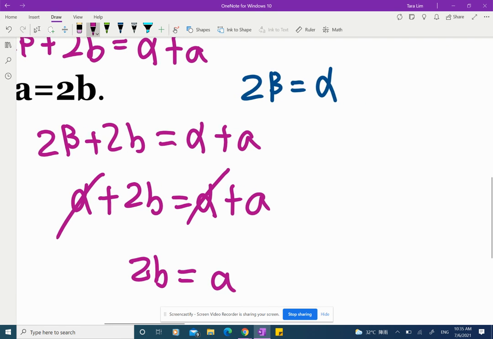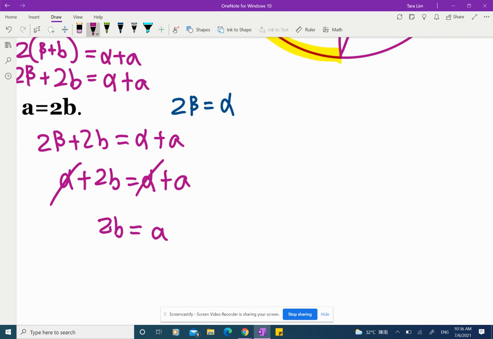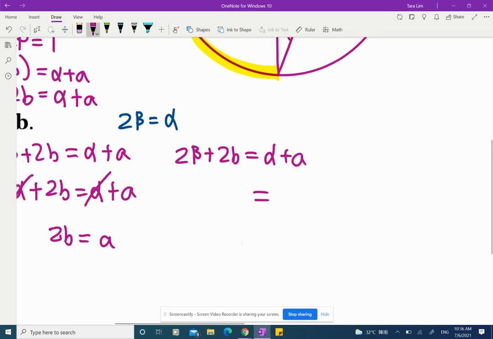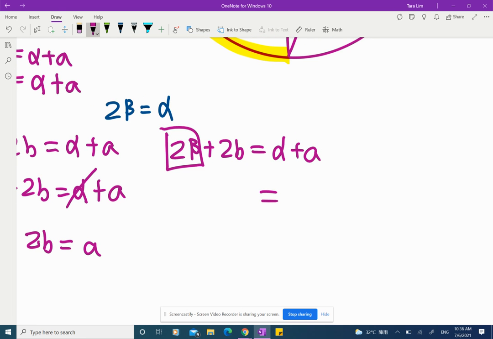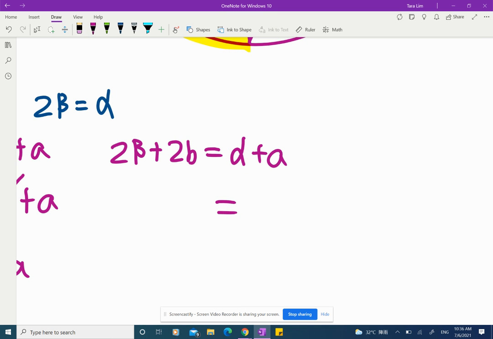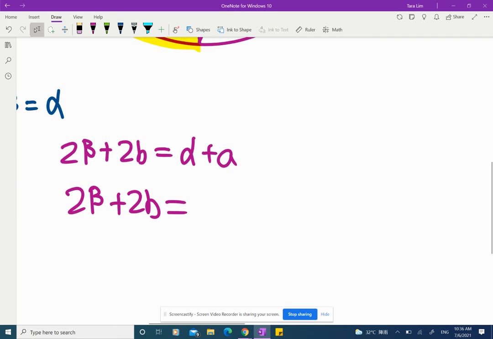Now there's another way. Let me just rewrite this again. 2 beta plus 2b is equal to alpha plus A. Just now I was substituting 2 beta into alpha. Now I want to substitute the alpha into 2 beta. What I mean is before I was substituting this into alpha. Now I want to do the opposite thing.